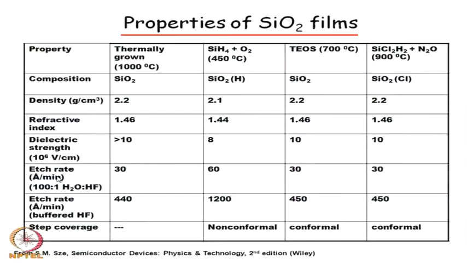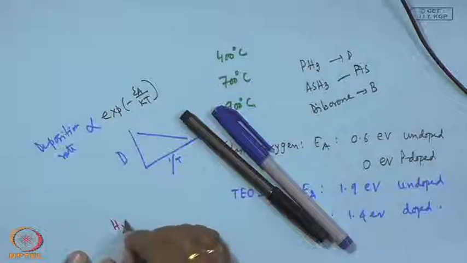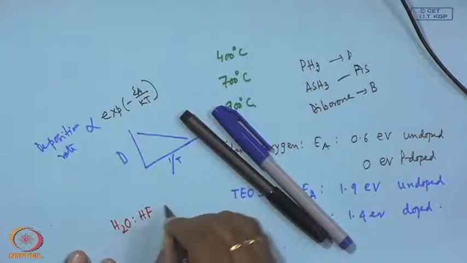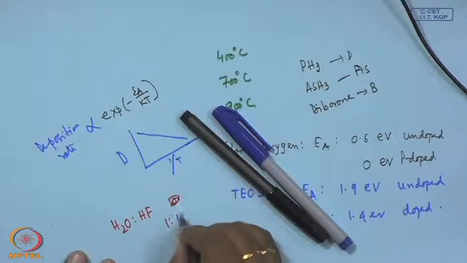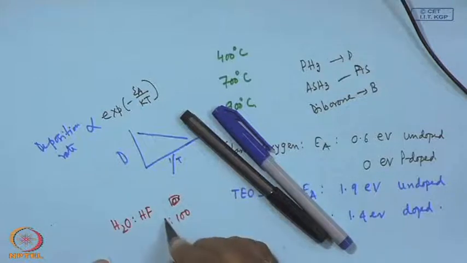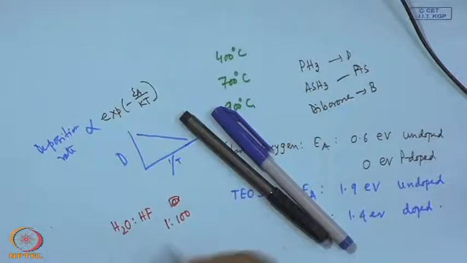Then the etch rate is 30 angstrom per minute if you use a solution of H2O and HF with the ratio of 1:100, that means take 1 ml of water and 100 ml of HF, then make a solution.